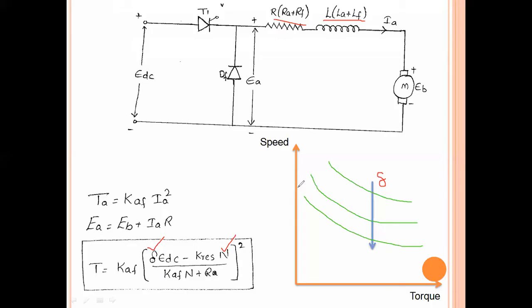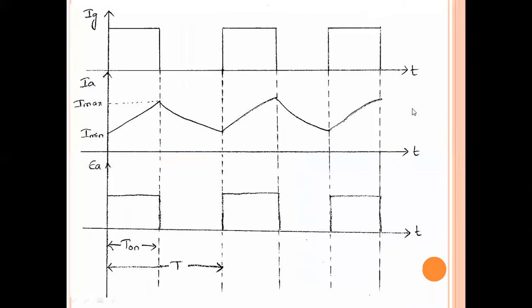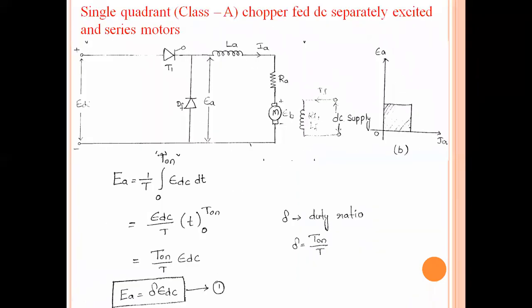There the speed torque characteristics are linear, decaying linearly, but here the curves are very similar to a parabolic shape because it is a quadratic expression. So this is about the single quadrant chopper or class A chopper fed separately excited and DC series motors. Thank you.